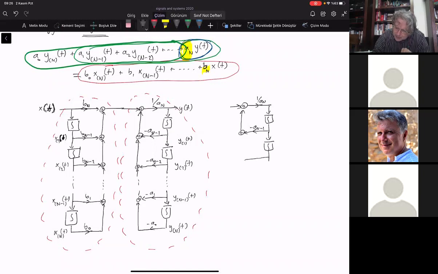Going to the left by minus a n minus 2, accumulating all the way to here, accumulating all the way top, and the last integration. So I have drawn the right hand side block at the left hand side, minus a0, like this.